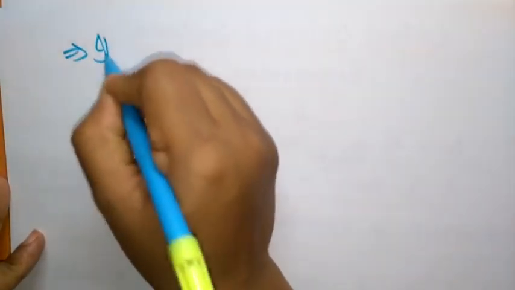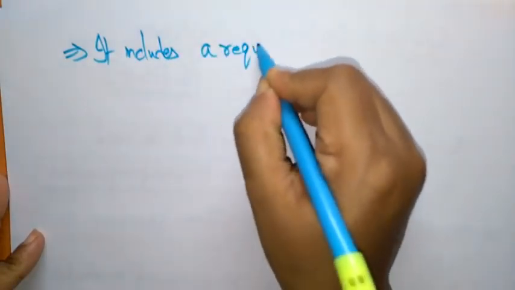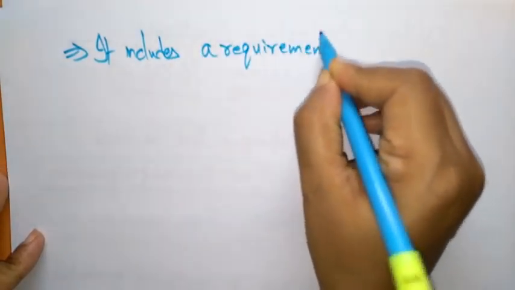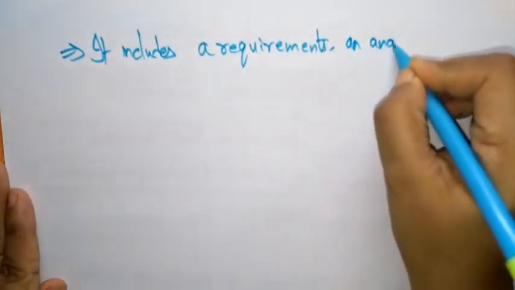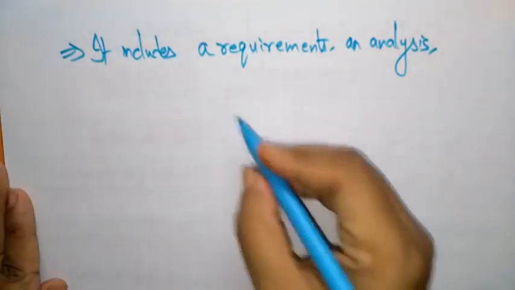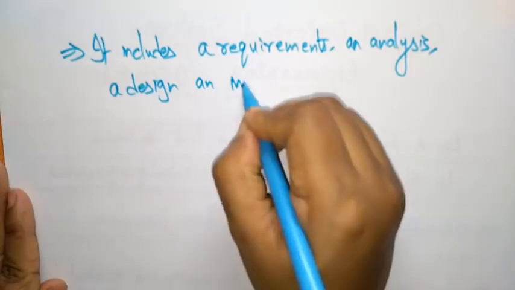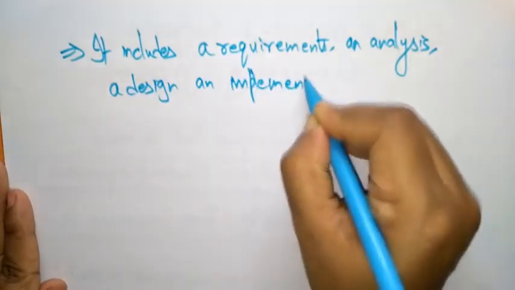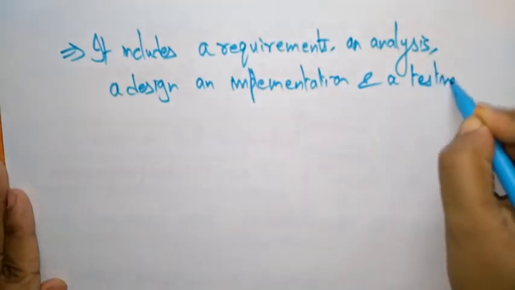It also includes requirements, because if you want to design anything you need requirements, then an analysis, a design, an implementation, and a testing model.